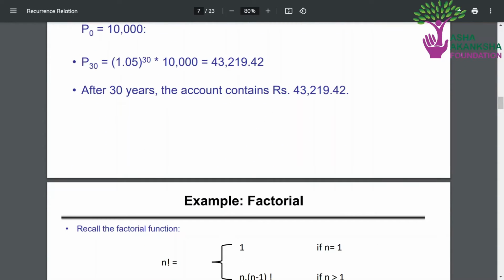So now let's look at another example. We have learned in the recursion lecture about the factorial, how we can perform factorial operations using recursion.